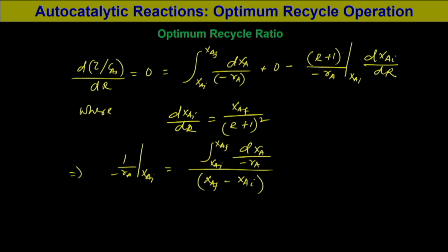So, in other words, the optimum recycle ratio introduces to the reactor a feed whose 1 by minus rA value equals the average value.